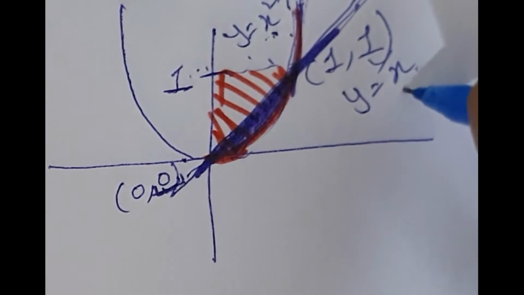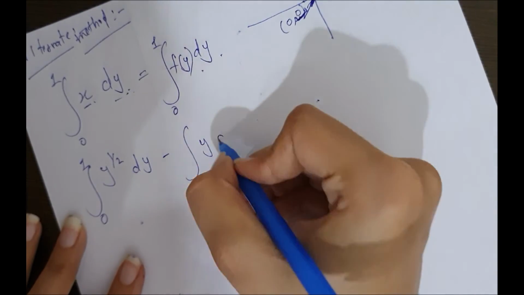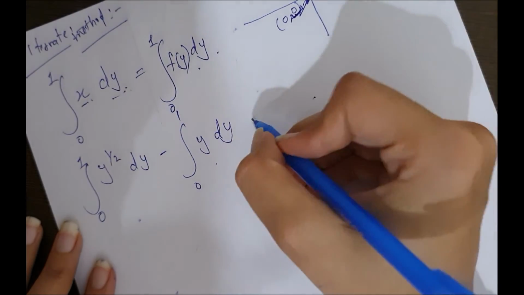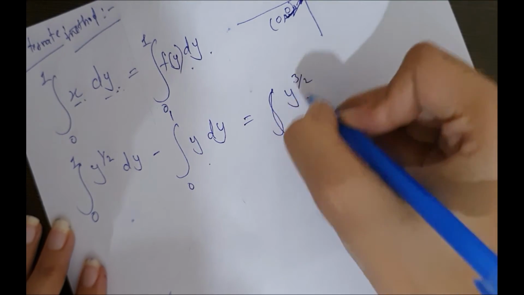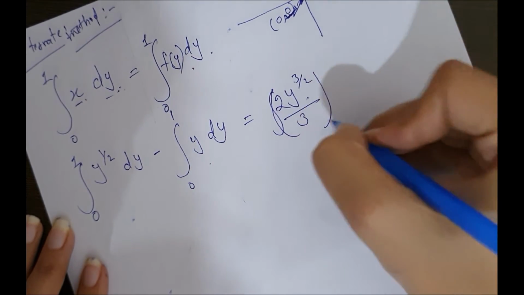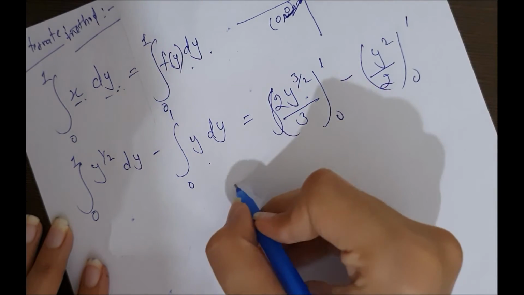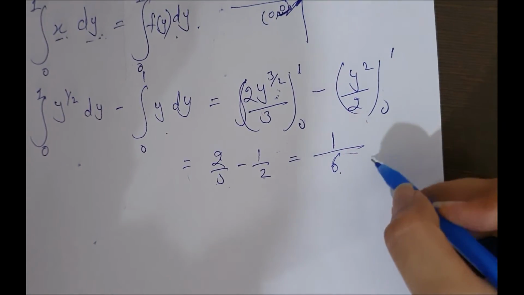The equation of x from this line is y, dy 0 to 1. Now integrate it and you will get the same result. I am telling you this because you can do it either way. So 1 by 6 is the answer.